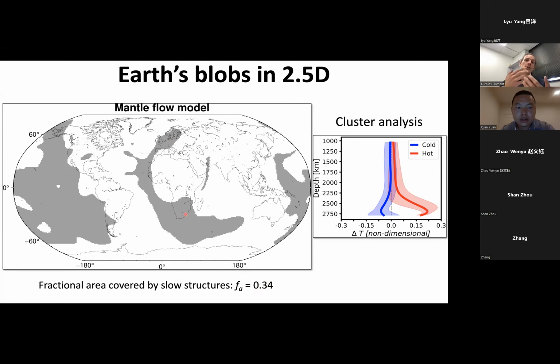Now, this fraction is important because what I'm going to do next is compare the 2 results. And to compare them, I need to make sure essentially that if the target is the tomographic model, which it should be because it's from data, whereas the other one is from theory only, it's important that the mantle flow model covers an area that's similar to the target area.